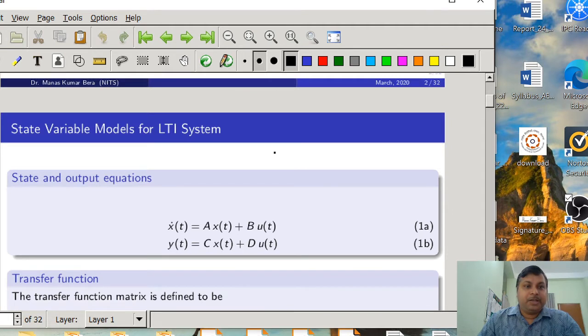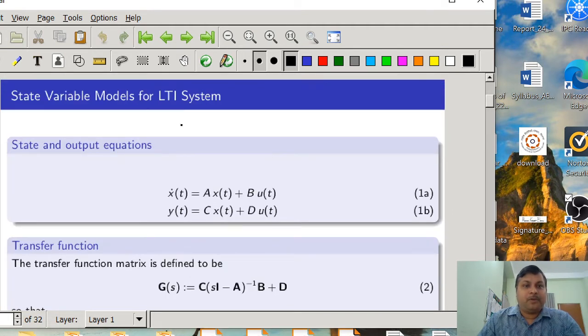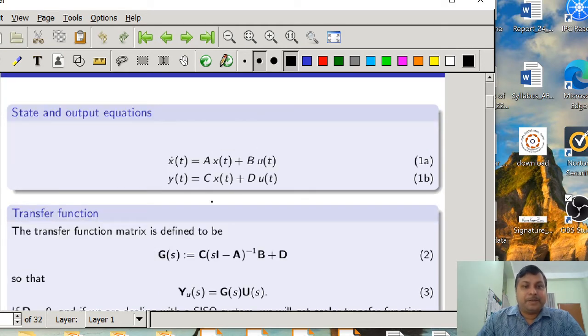As a beginning, you can see the state variable model for an LTI system; we are concentrating on linear time invariant systems and mostly single input single output systems. If the system is represented in state space, that is x dot t equal to A into x t plus B into u t, y t equal to C into x t plus D into u t.